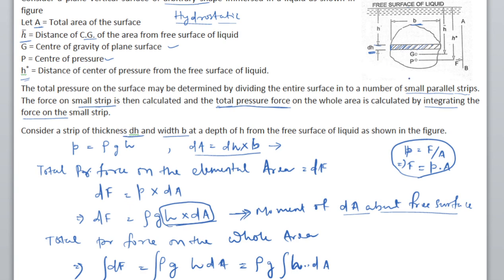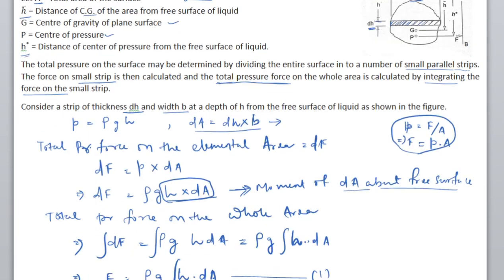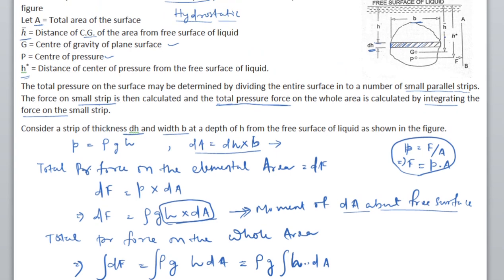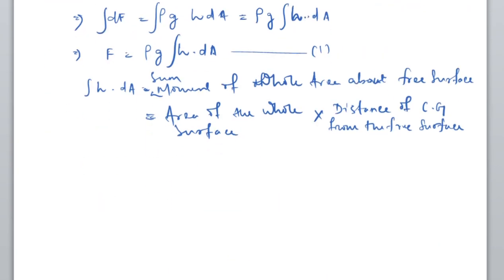From the figure you can easily see that the distance between the center of gravity and the free surface is h bar, and the whole area is A. So what we got is that the integral of h into dA is the area of the whole surface A into the distance of the center of gravity h bar.